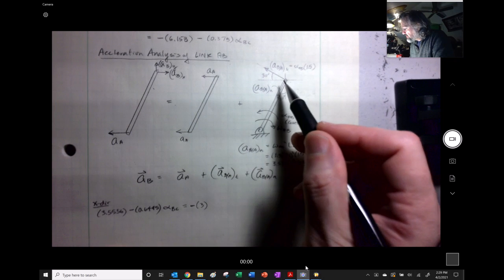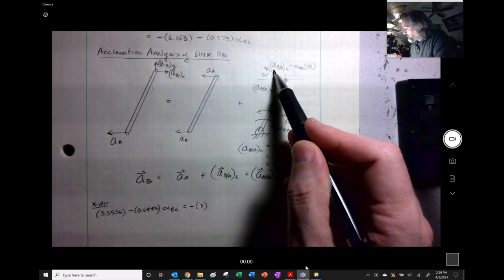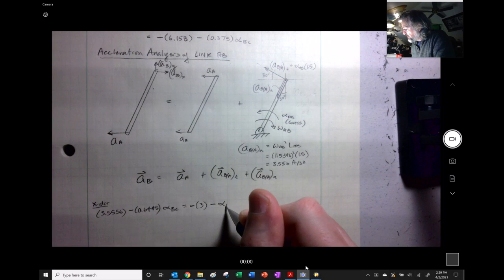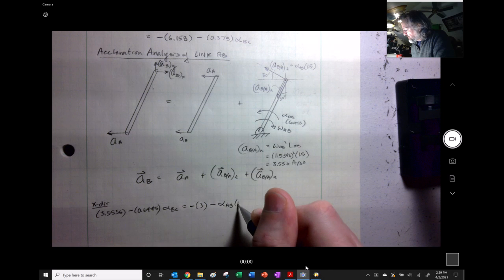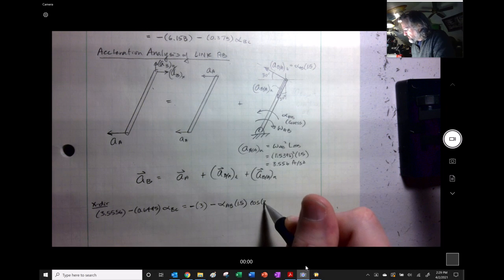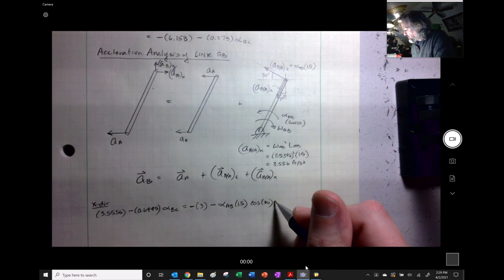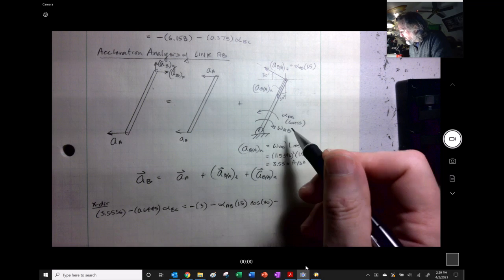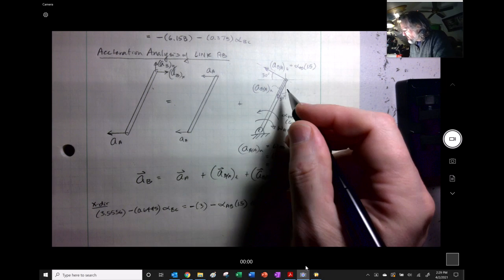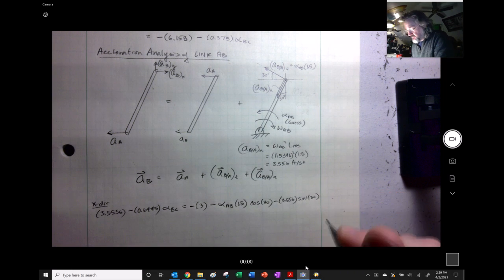All right, so we'll go to the tangential next, and that's going to be negative as well, because it's going to the left. Alpha AB times 1.5 times the cosine of 30. And then also, last one, this is negative as well, negative 3.556 and the sine of 30.